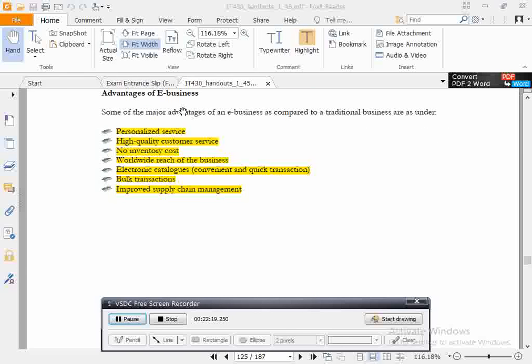Advantages of e-business: personalized services, high quality customer service, no inventory costs, worldwide reach of the business, electronic catalogs, bulk transactions, improved supply chain management.